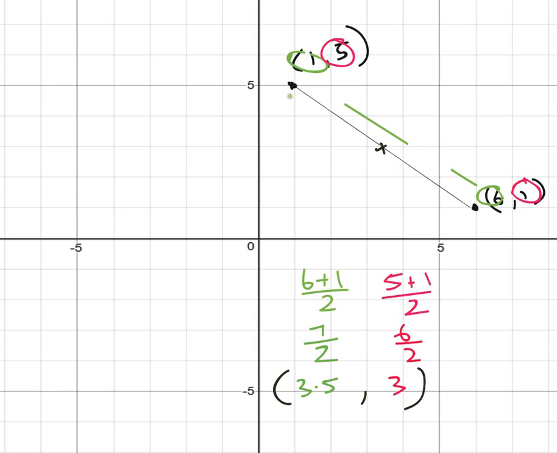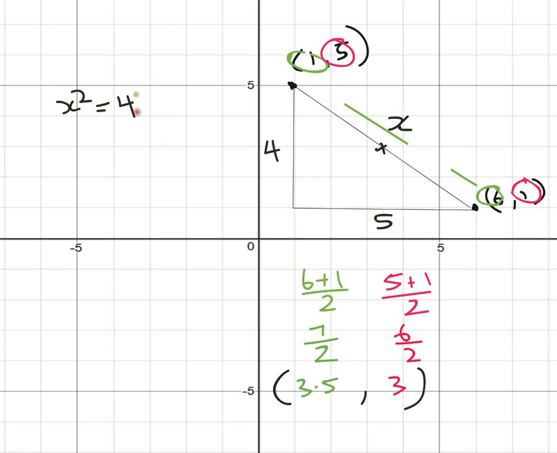Alright, now for Pythagoras' theorem. Remember, we draw a triangle and work out the length of those sides. So that's obviously a length of 4. And this is a length of 5. So we do Pythagoras' theorem, where that's x.